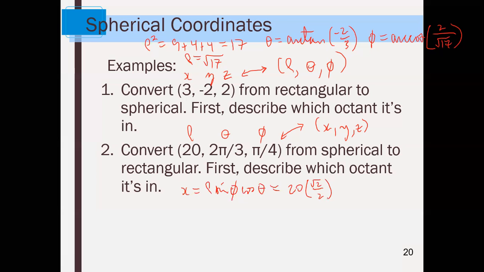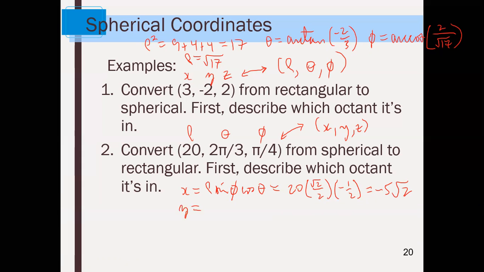And what is the cosine of 2 pi over 3? You guys remember? What's the cosine of pi over 3? Oh, right. The cosine of pi over 3 is 1/2, so the cosine of 2 pi over 3 would be negative 1/2. Okay. So this is going to end up being negative 5 square root of 2. So there's the x coordinate.